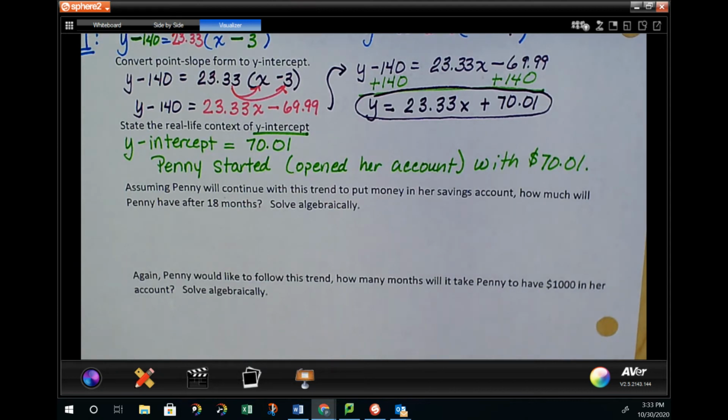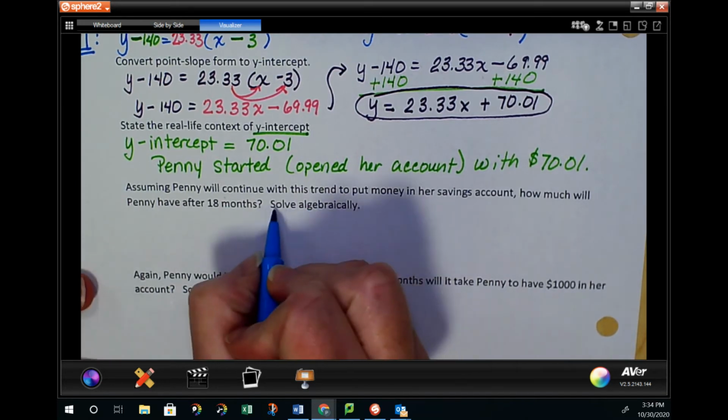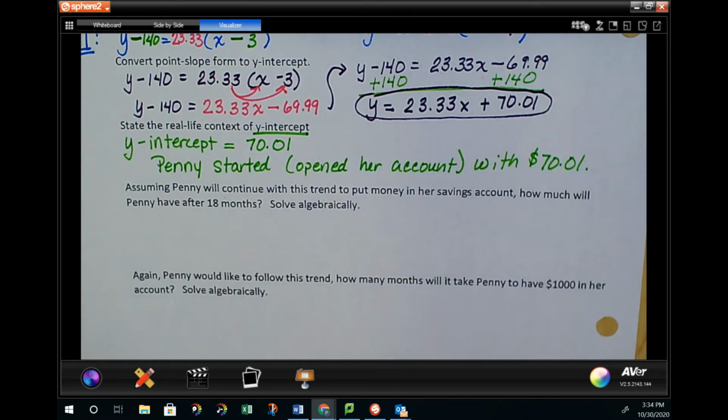So the next thing, assuming Penny will continue with this trend. So this trend, remember, is that every month she's going to put in about $23.33 every month. How much money is she going to have after 18 months? So we have our calculator, and solve algebraically means you're not going to look at a table, you're not going to look at a graph, you're going to actually solve algebraically.